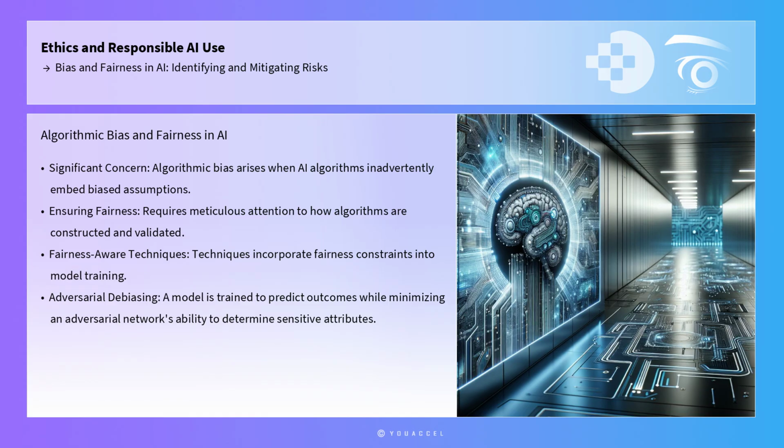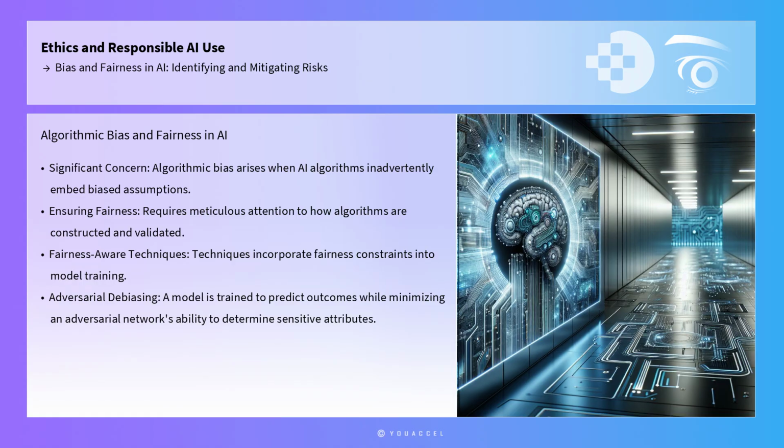Algorithmic bias is another significant concern, arising when the design or implementation of AI algorithms inadvertently embeds biased assumptions. Ensuring fairness in algorithms requires meticulous attention to how they are constructed and validated. One effective strategy is the use of fairness-aware machine learning techniques, which aim to incorporate fairness constraints directly into the model training process.